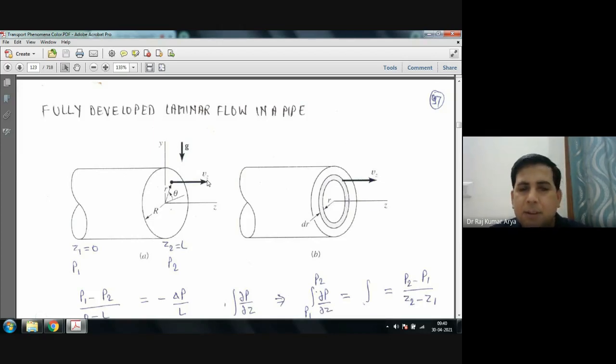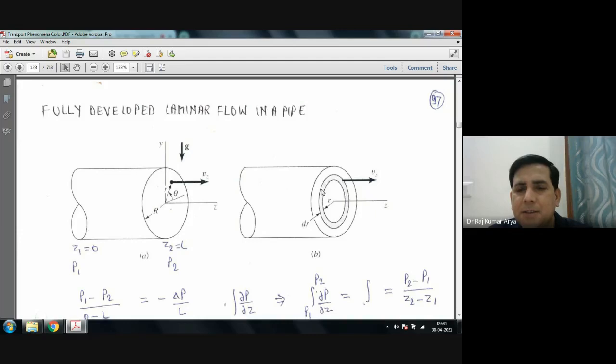So in that way, if you want to do the cell balance, suppose a person wants to do it with the help of the cell balance. For that particular part, you take a small differential element of this particular section of this pipe, just like this.